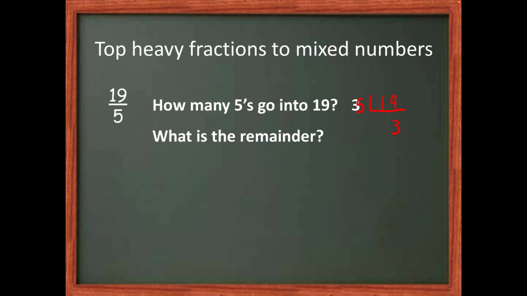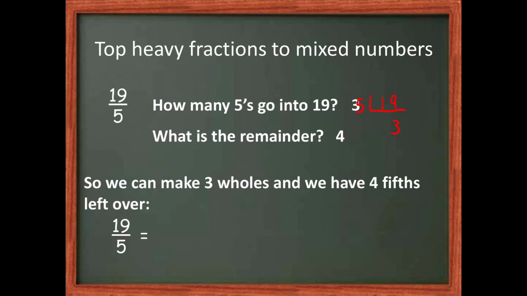What's our remainder? 4. So we can make 3 wholes and we have 4/5 left over. This gives us our mixed number as 3 4/5.